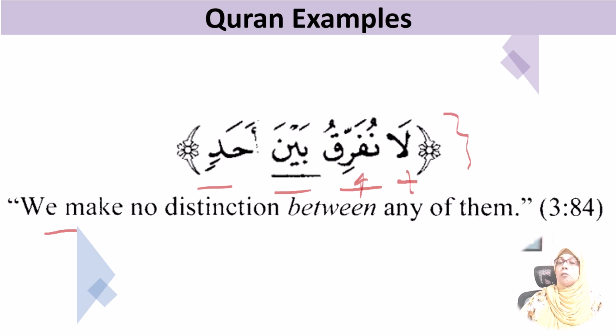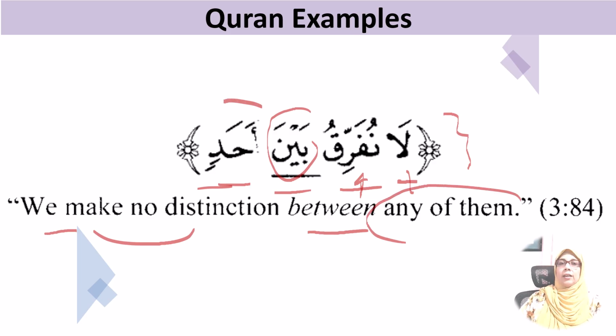This is your verb negating it. So we make no distinction. Here is baina, which means between. And then what comes after it is mudaf ilayhi, which is the ahadin. So it means between any of them. And here is your ahadin, which is mudaf ilayhi, and that's why it has this double tanween kasra.